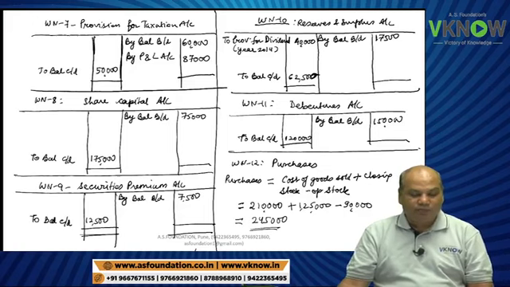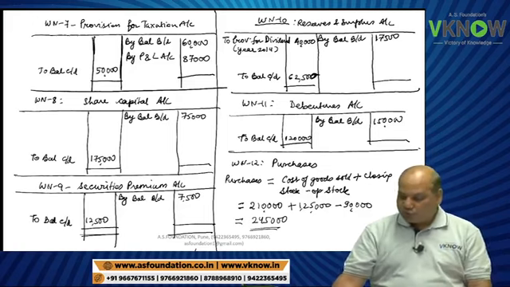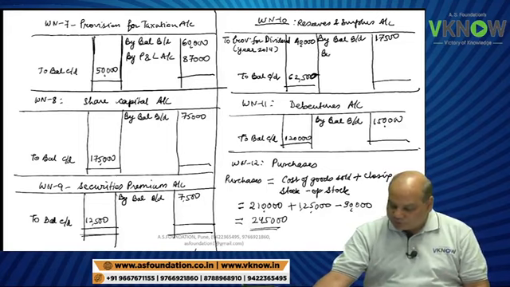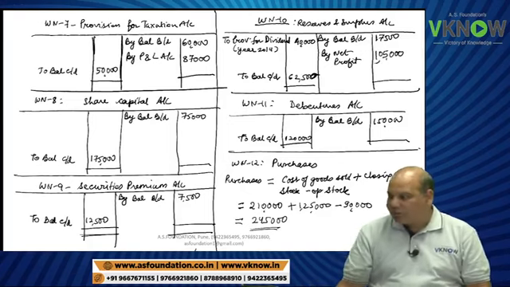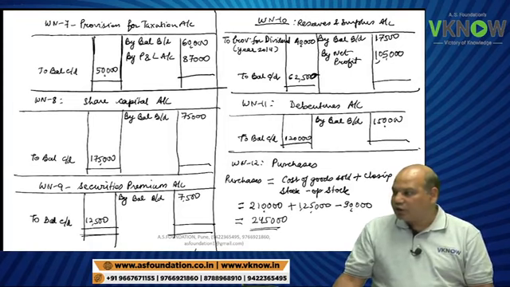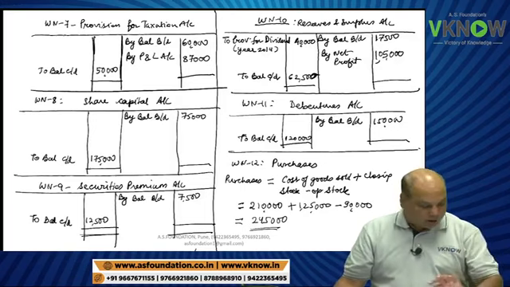Any reply? So you will say reserve and surplus account credit side by net profit 1,05,000. So that is the current year profit. It got added to reserve and surplus. We have completed P&L account also.